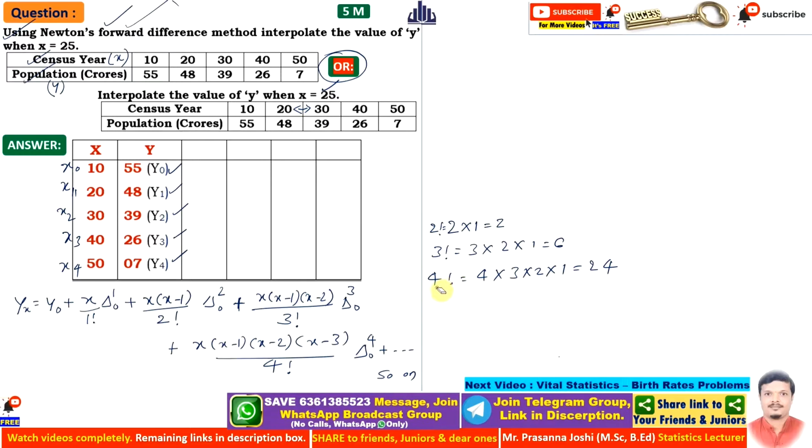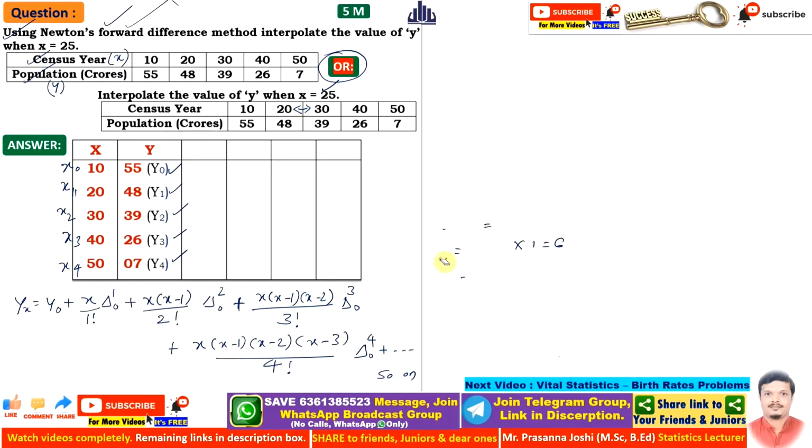Like this, from that particular value in decreasing order till 1, they are to be continuously multiplied to get the exact factorial value. So 1 factorial is already 1. Anything divided by 1 will remain as it is. That's why it was not written here.